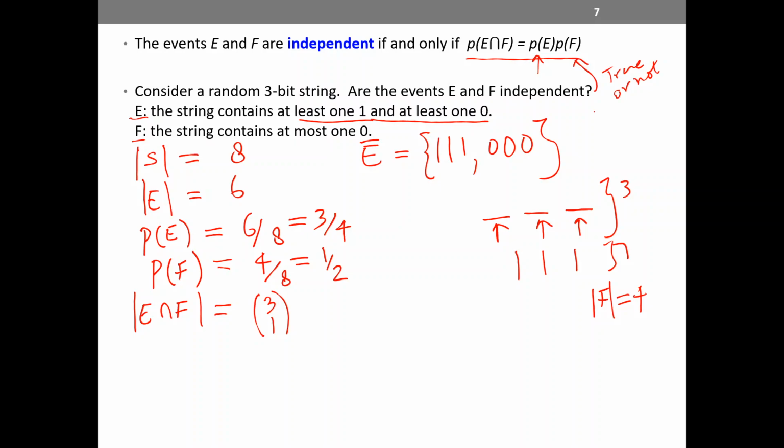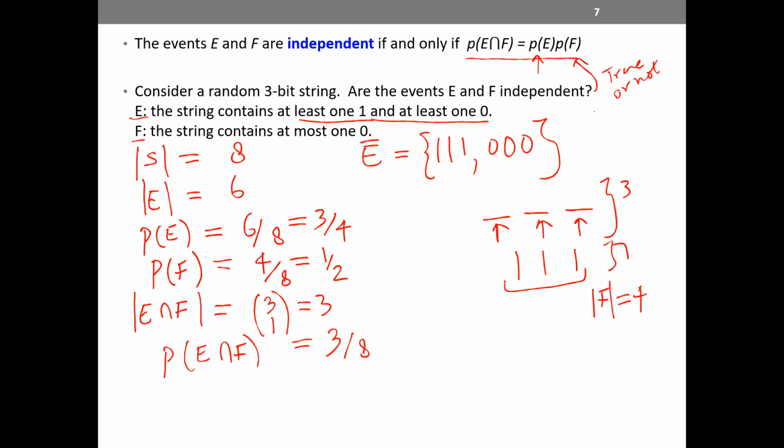So at least 1 one and at most 1 zero. I'll just discard the one that doesn't have ones and zeros out of what I figured for F. So that's going to be 3. And so I know the probability of E and F is going to be 3 over 8.